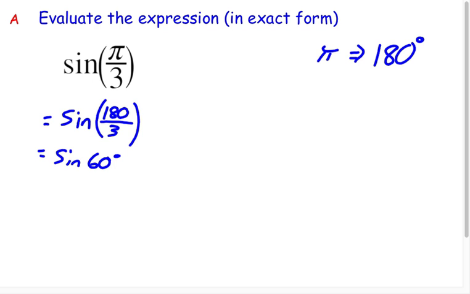Now why it changes into degrees is because if I create a triangle to evaluate this trig ratio of sine, I know that 60 degrees is going to lie in the first quadrant. And if I go 60 degrees from the start, I can create from that 60 degrees a right triangle, and in particular, a special right triangle. The special right triangle is a 30, 60, 90 triangle.